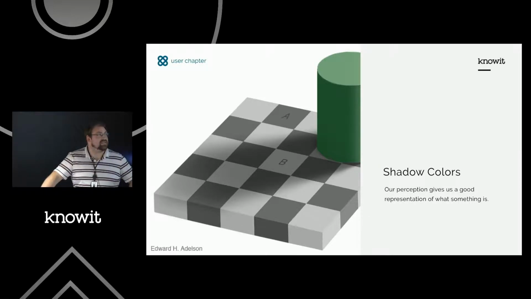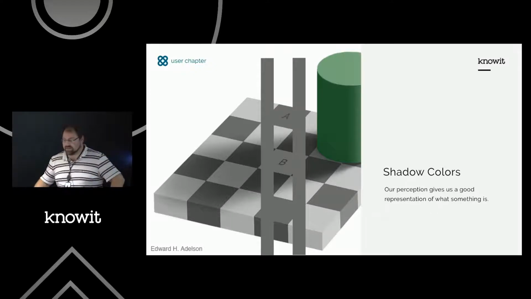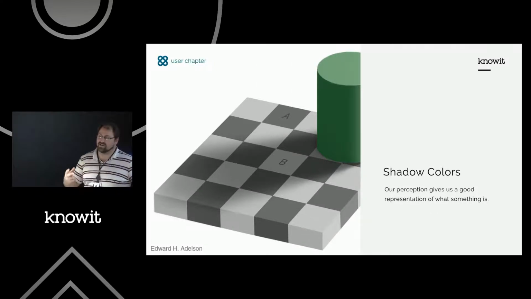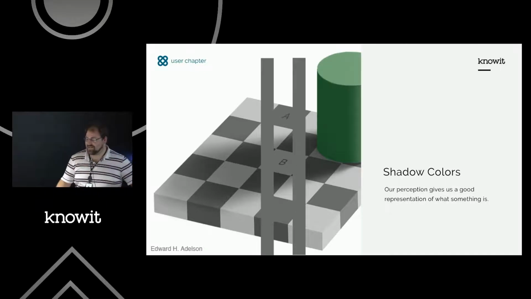And our eyes are telling us that this is a checkerboard with a cylinder on it. It's perfectly uniform. But the color of A and B is equal, and we don't see them as equal. This is because our eyes are seeing a shadow and telling ourselves that A and B must be different because of the checkerboard. But it's the same.